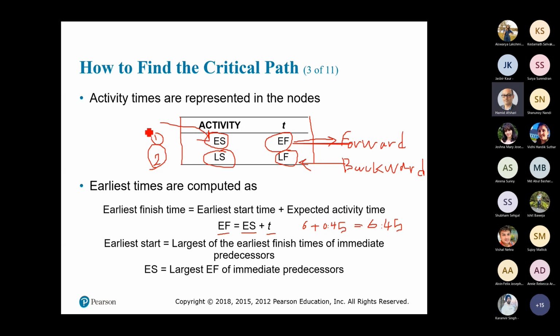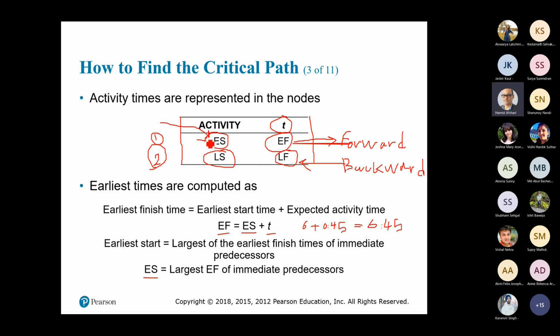The largest earliest finish among the activities before this activity represents the earliest start of this activity. That's the concept here. I will show you in an example. So this is given to us.